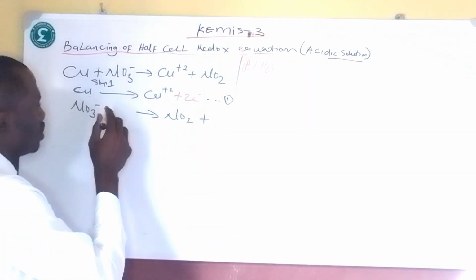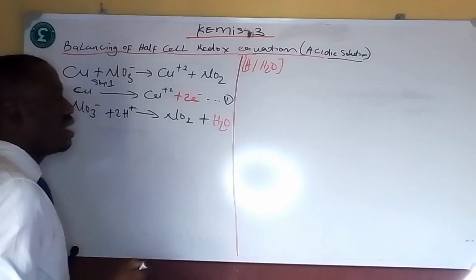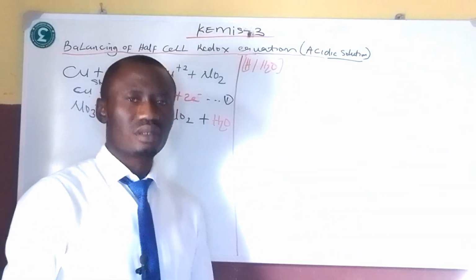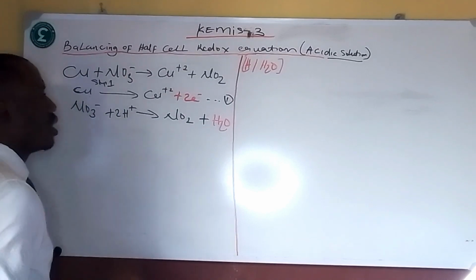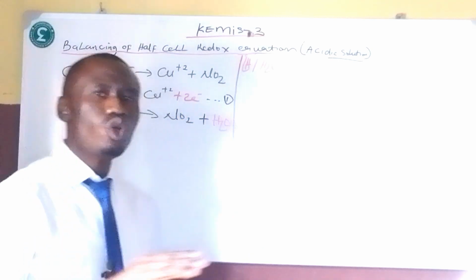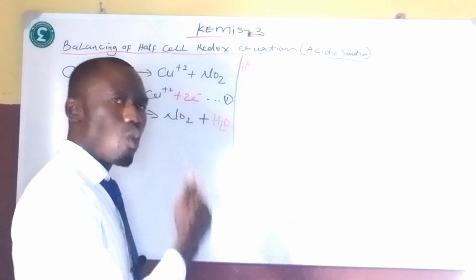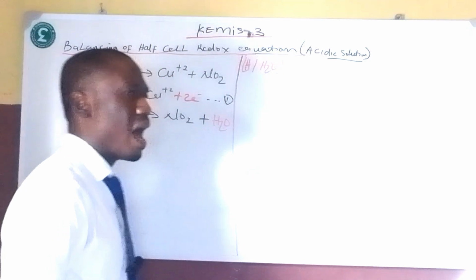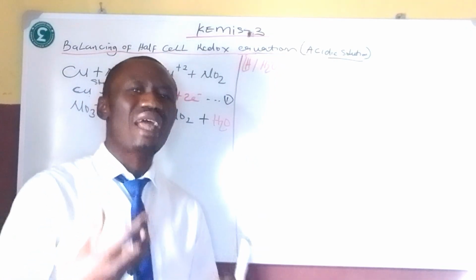But the hydrogen is not balanced because there is no hydrogen at the reactant side. So what I'm going to do is add 2 hydrogen at the reactant side, making it 2 hydrogen, 2 hydrogen. But there's a problem with this equation still. I have a plus 1 charge at the reactant side, and then I have no charge at the product side. What I'm going to do is subtract 0 from 1. Now, 1 minus 0, it is 1. And I'm going to add 1 electron to the side that has the highest charge.